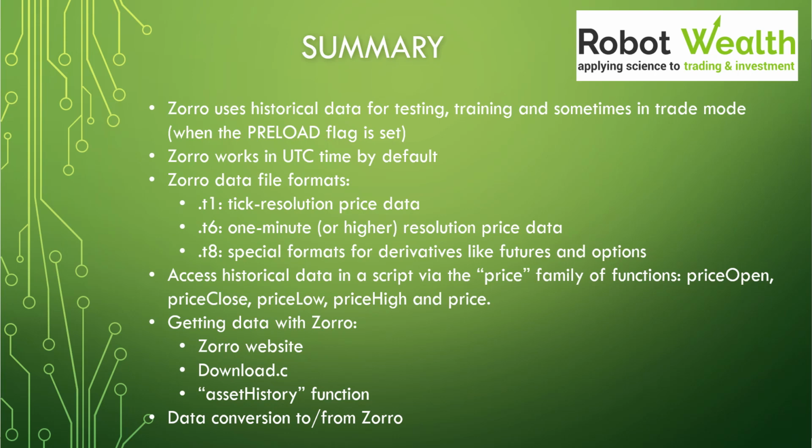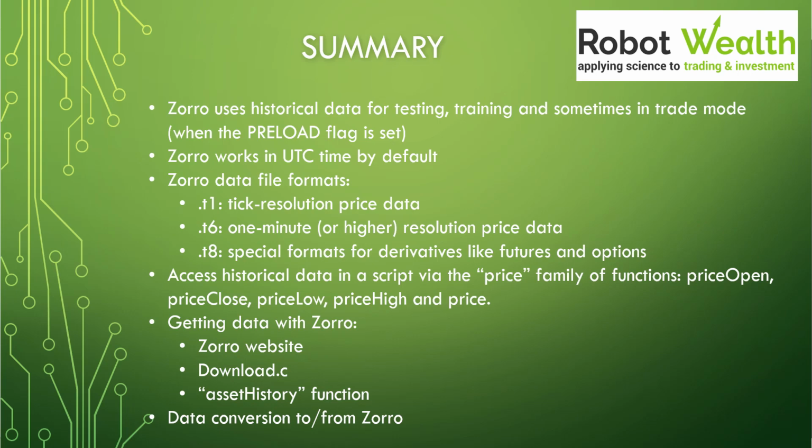Zorro accesses price data inside its history files using the 5 price functions: priceOpen, priceClose, priceLow, priceHigh, and price, the latter of which is just the mean price of a bar. I also showed you how to get data with Zorro from the Zorro website and via the download.c script.